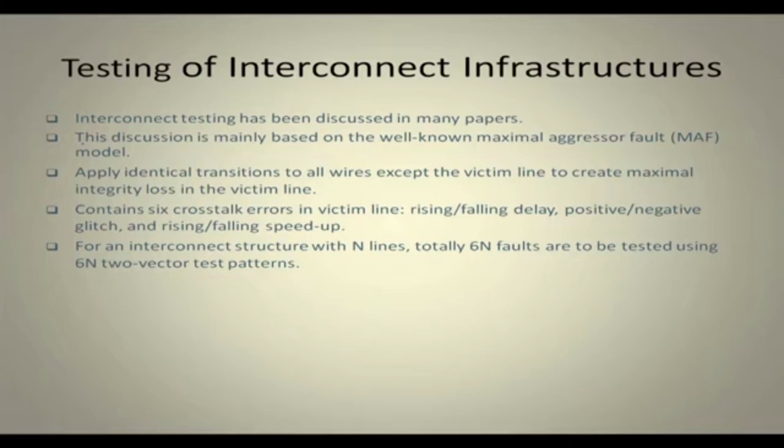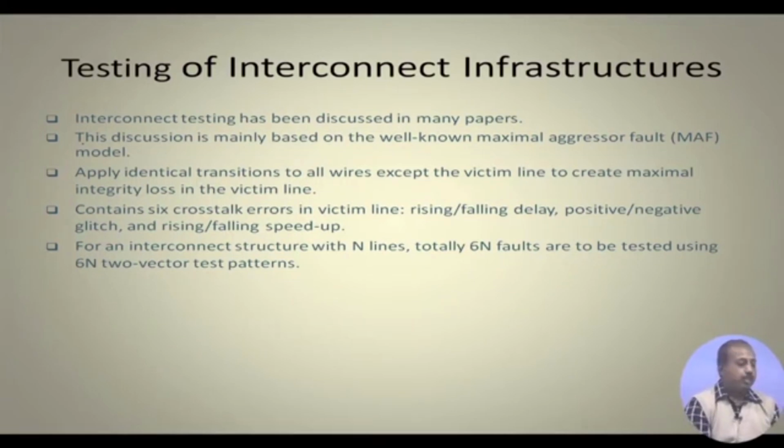So, for an interconnect structure with n lines, totally 6n faults are to be tested using 6n 2-vector test patterns. This has been established for the maximum aggressor fault model. You see, there are 6 faults here: rising and falling delay, positive and negative glitch, and rising and falling speed up. So, there are 6 possible faults, and since there are n lines, we have 6n faults to test.